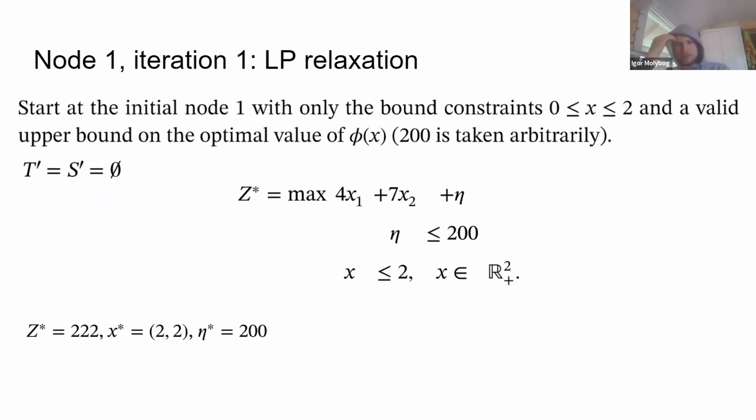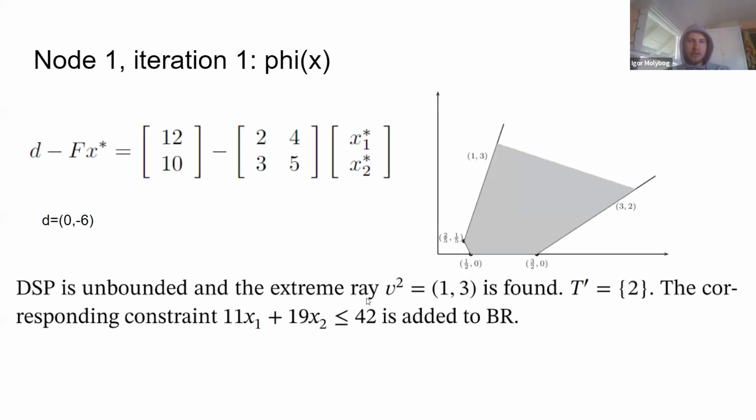So we constrain eta to be less than or equal to 200, just so we know when exactly we have hit infinity. The optimal solution for this problem is z equal to 222, x star equal to (2, 2), and eta equal to 200. So basically, we have hit infinity.